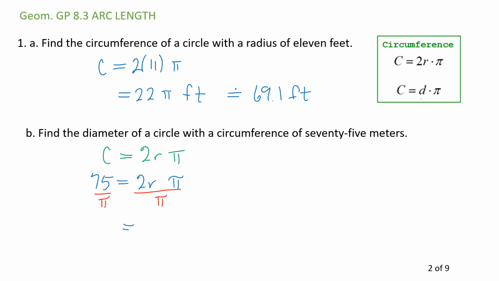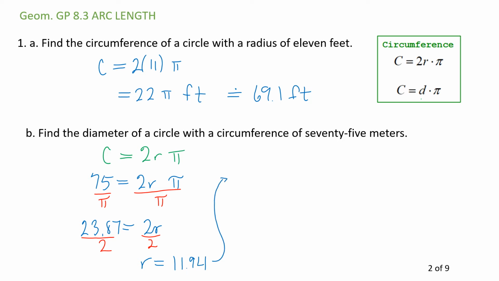Actually, I have to do that. It gives me about 23.87. That's equal to 2r. Well, that's actually the answer. If you divide this by 2, you get the actual radius, which is 11.93.